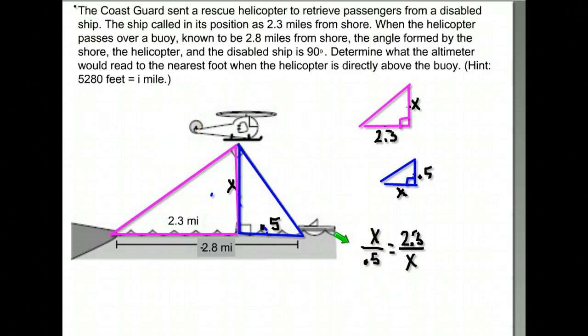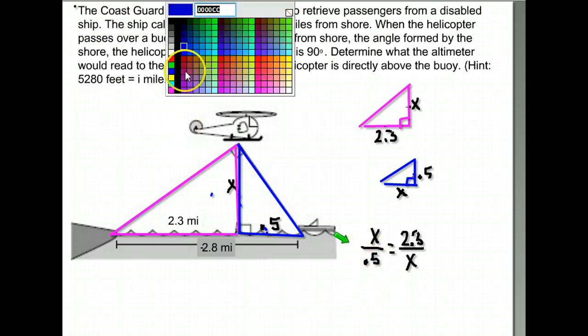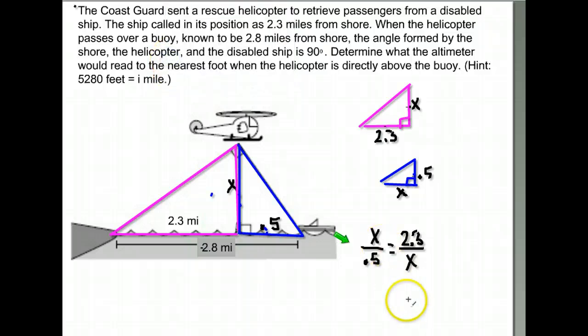Can you think of how we might start solving that? Very good. Cross multiply. So we cross multiply, and we leave our equal sign in the middle.